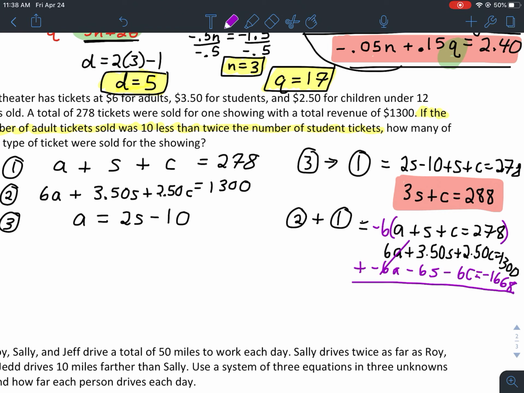And now I add straight down. My A's cancel. I have 350 minus 6 would be negative 250 S. And then I have 250 minus 6C would be negative 350 C. And that equals 1,300 minus 1,668 would be negative 368. Okay, and there's my other equation.